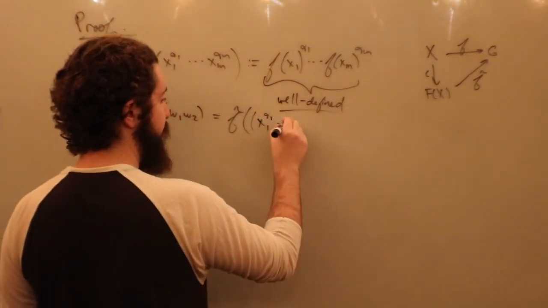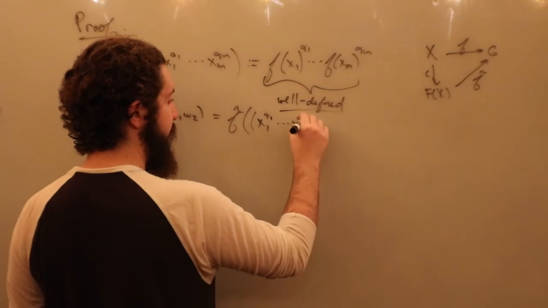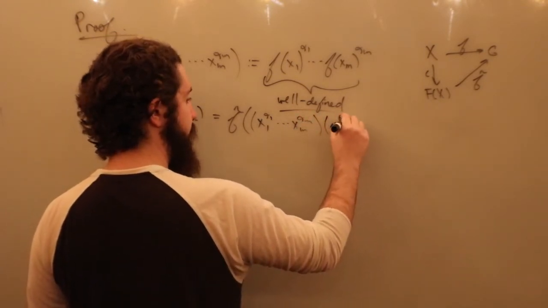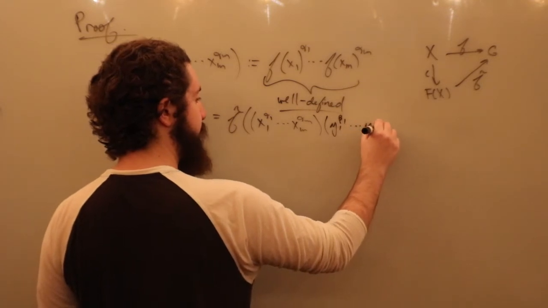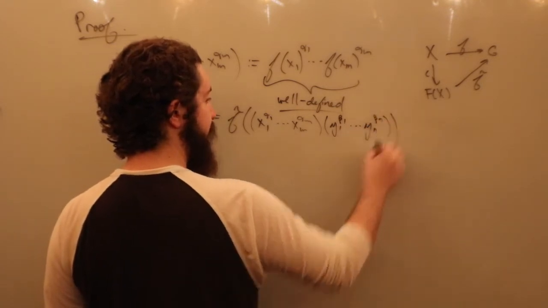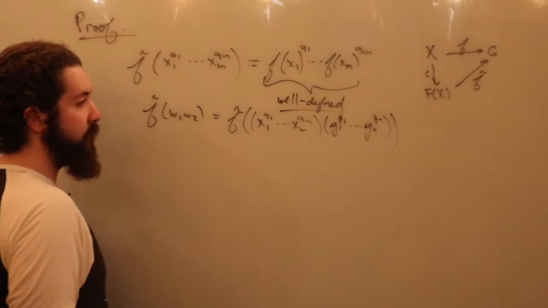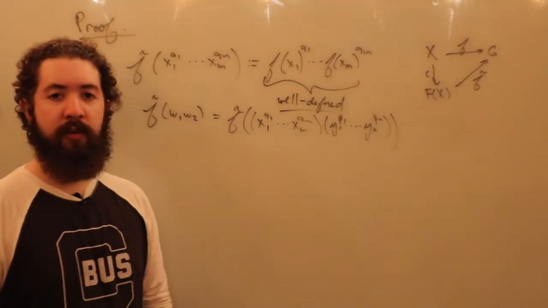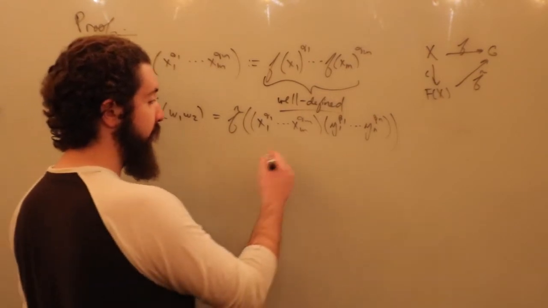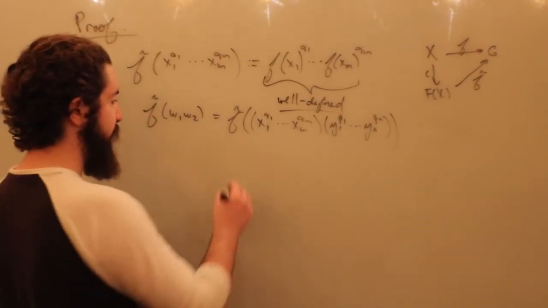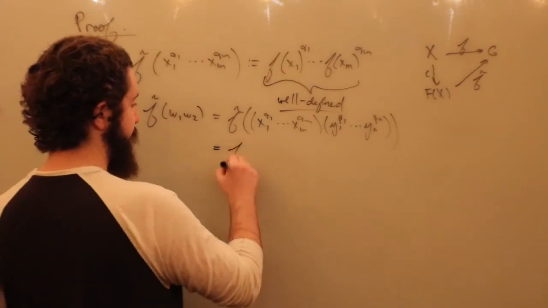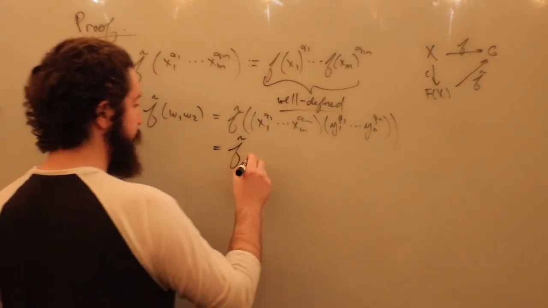So x1 to the alpha 1 all the way up to xm to the alpha m times y1 to the beta 1, all the way up to y sub n to the beta n. And these represent two general words in F of X. Now for a moment we're going to concatenate but not reduce. This is just to save ourselves the trouble of going through like 5 cases here.